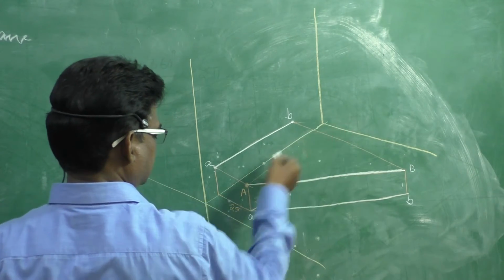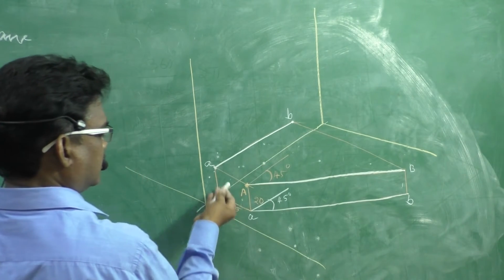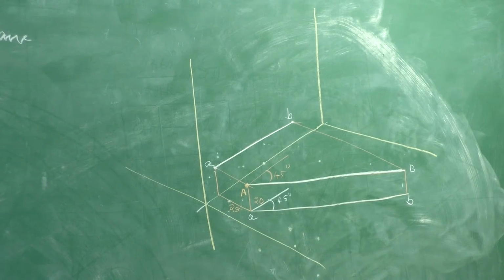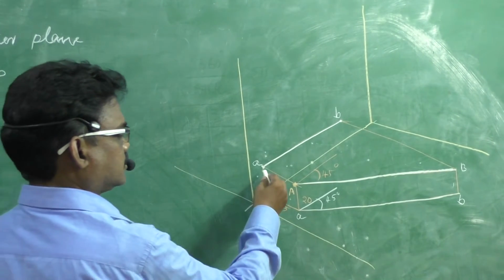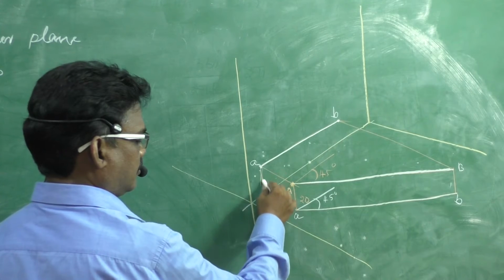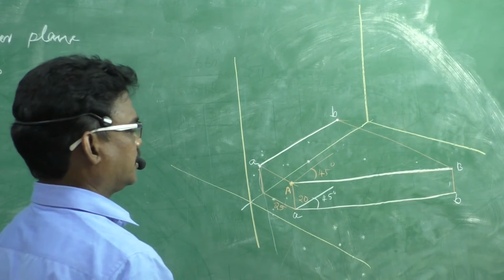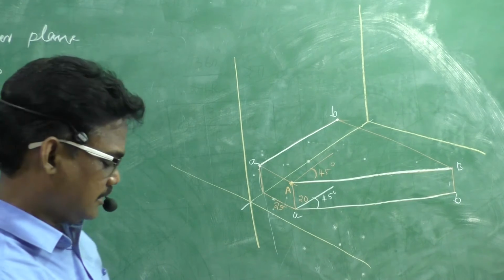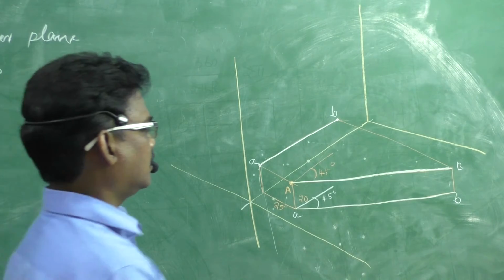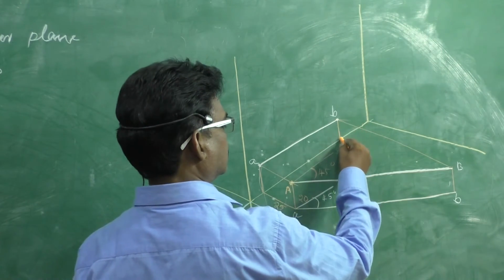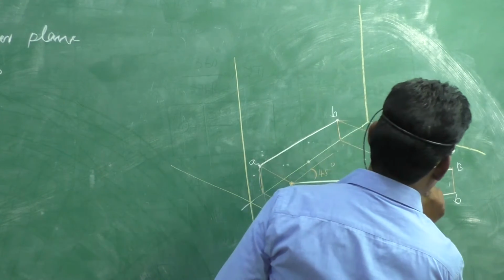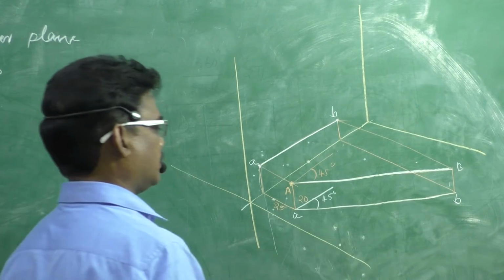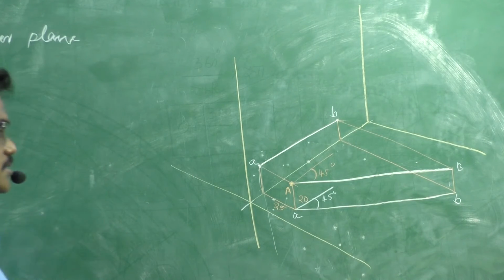This is the reference line, and this is above HP. When we rotate it, this line will be exactly perpendicular to the reference line, and these two are also exactly perpendicular. This is the imagination.